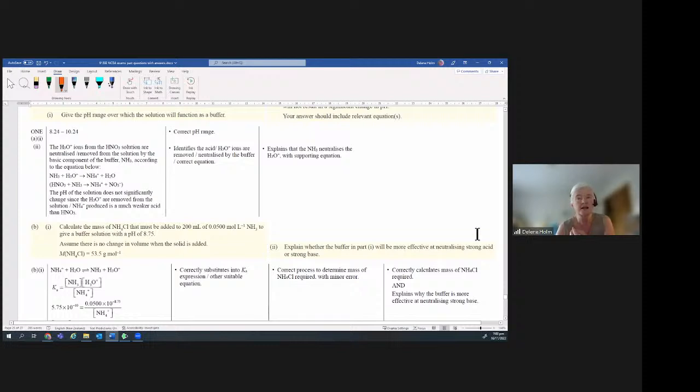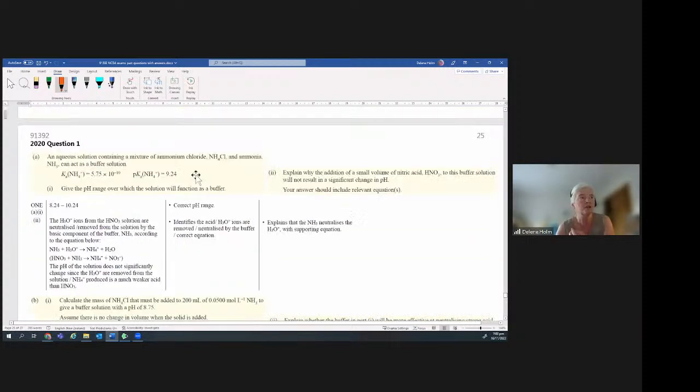If you are given the pKa, which you are, of 9.24, and you're told that your buffer solution is pH 8.75, can you see it is more acidic than the pKa?